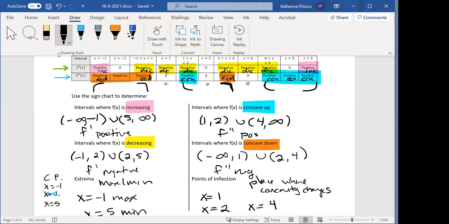From 1 to 2, I need to keep going, but change concavity like that. At 2, what happens? Keep going down still, right? Do you see this? I'm here at 2, still down more. Change concavity again.